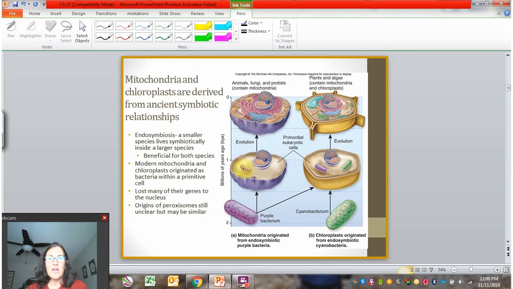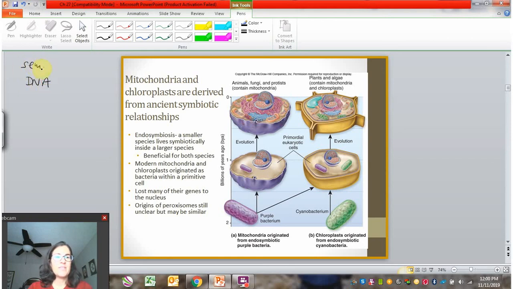And then over time, this independent bacterial cell would stop being independent. So it would lose a lot of its genes to the nucleus and no longer be its own cell, but it retains some traits that show us that it was its own cell at one point. So for example, it has its own DNA.